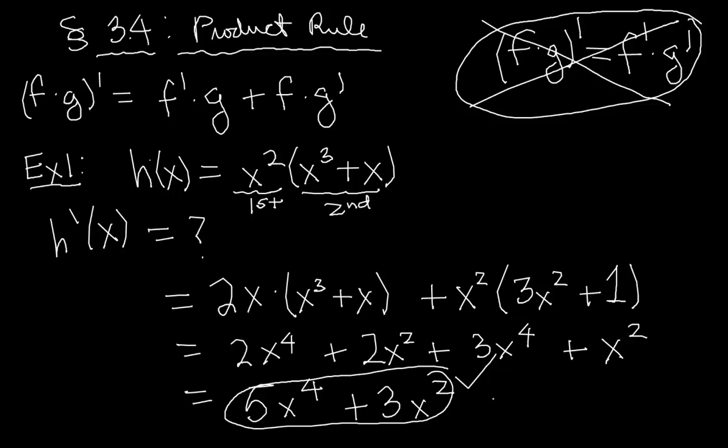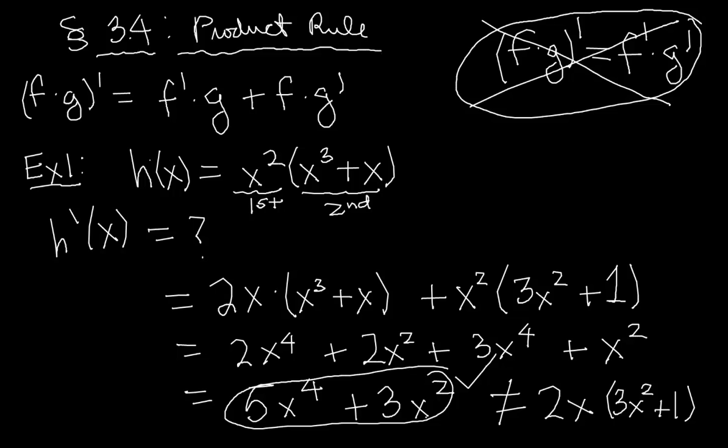And look at how this is completely different from, so not equal to, 2x times 3x squared plus 1. That's what you would get if you just took the derivative of the first times the derivative of the second, and that's going to give you 6x cubed plus 2x.